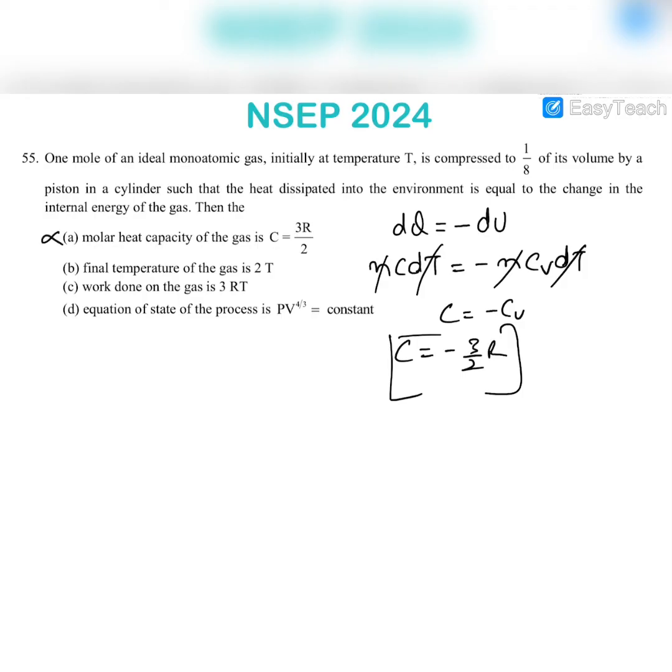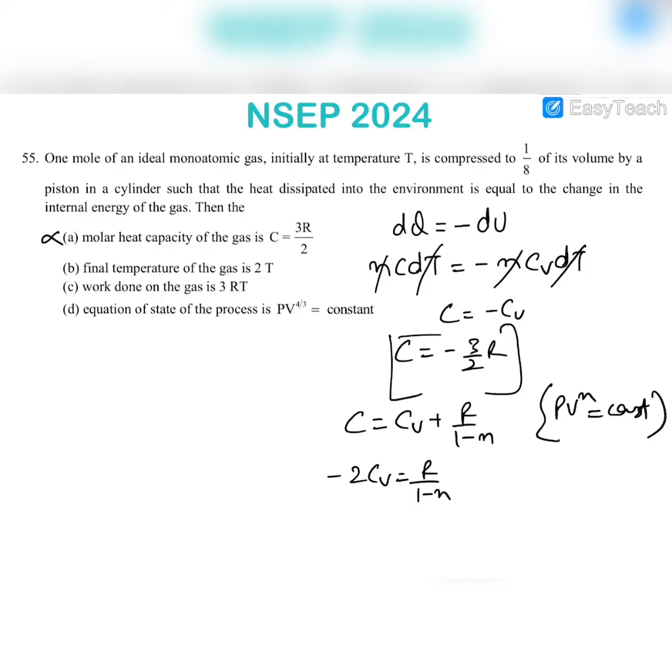Now if we talk about the process, we know that C is Cv plus R upon 1 minus n, where n is the coefficient of the polytropic process. And C is equal to minus Cv, so minus 2Cv is equal to R upon 1 minus n.